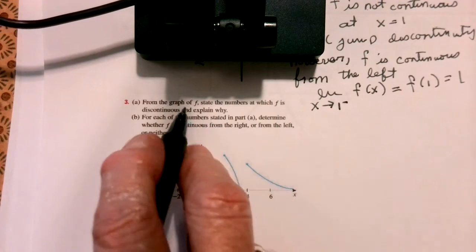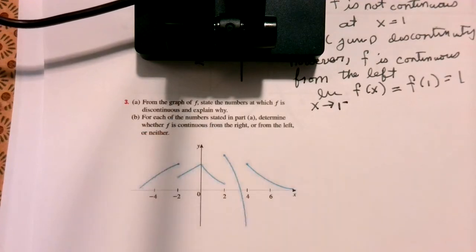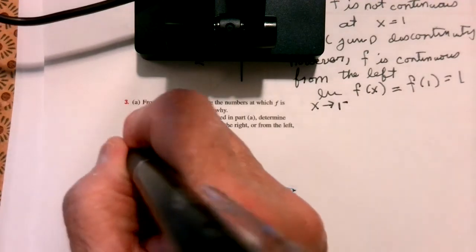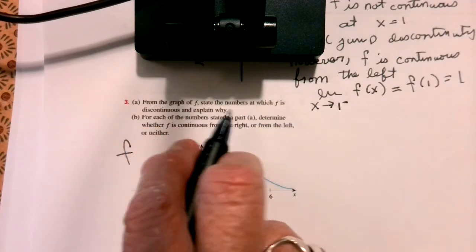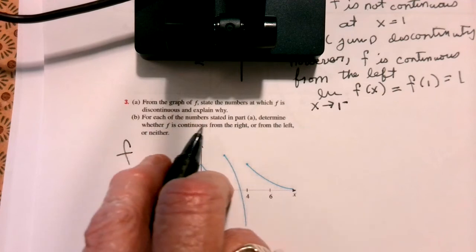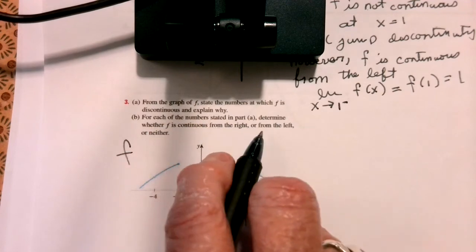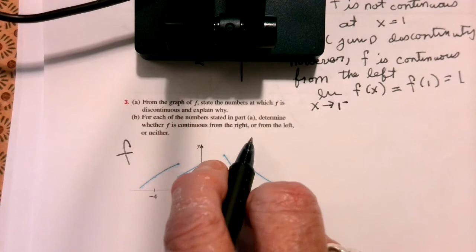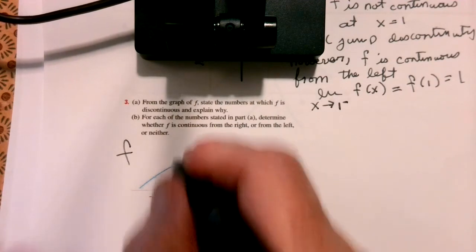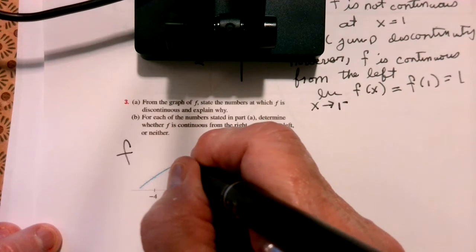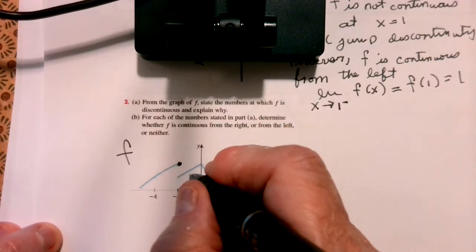So what we want to do here, it says from the graph of f, and so this is f down here. State the numbers at which f is discontinuous and explain why. For each of the numbers stated in part A, determine whether f is continuous from the right or from the left or neither. So let me draw this in so you can see it. There's a solid circle right there.